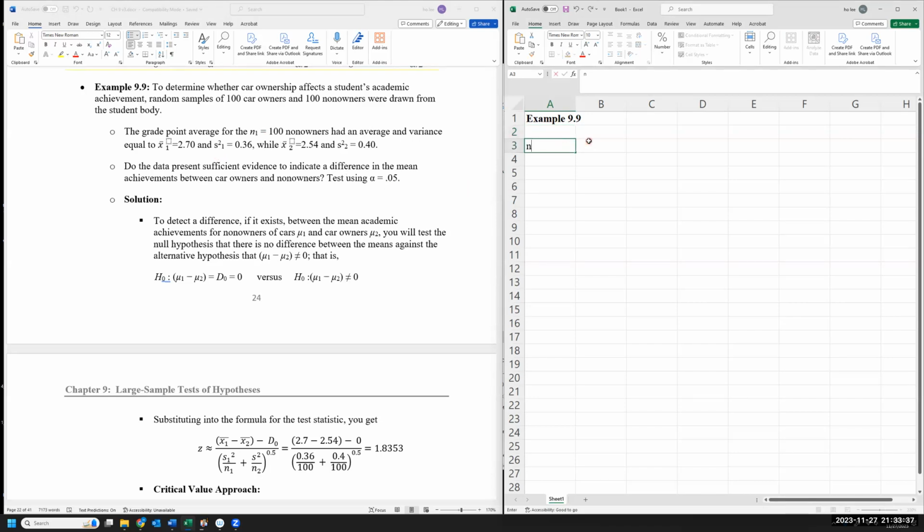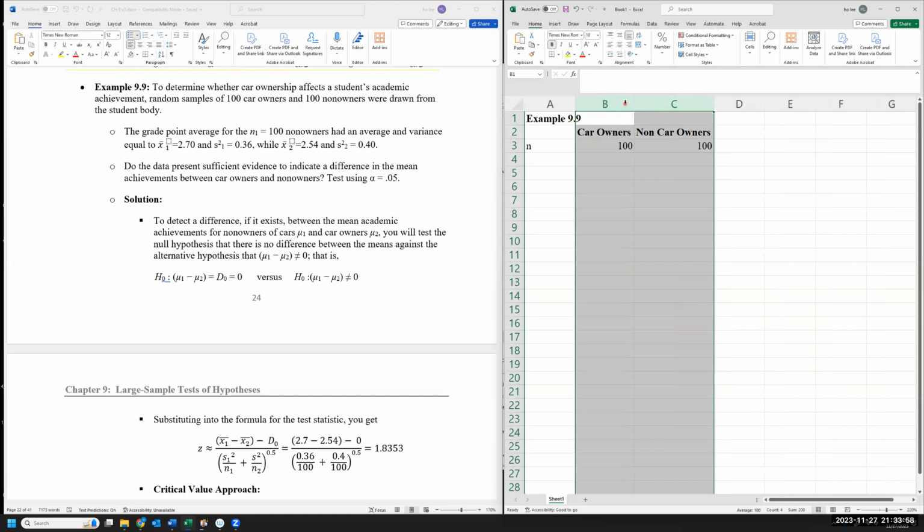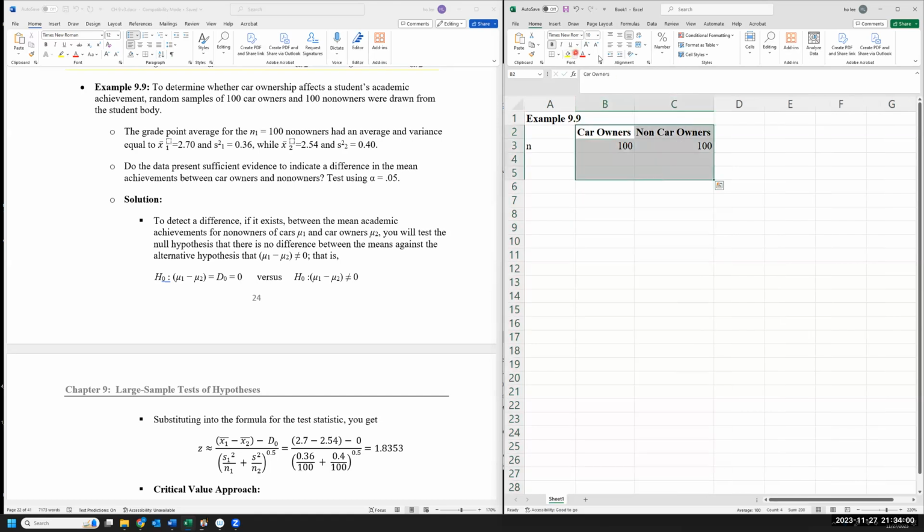Okay, so we got a sample. I'm going to make a little table and put car owners and non-car owners. And we got a sample of 100 from them and 100 from these guys.